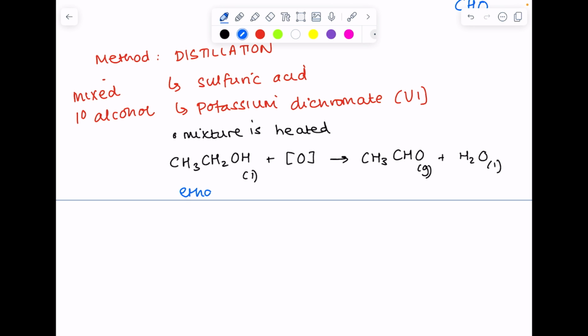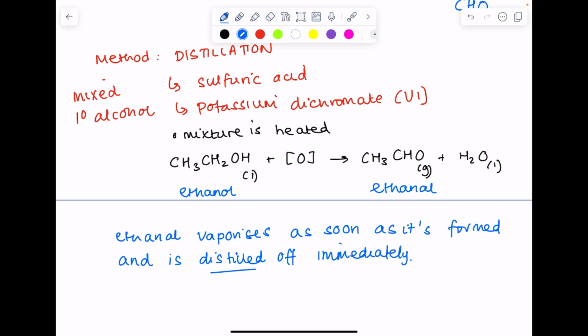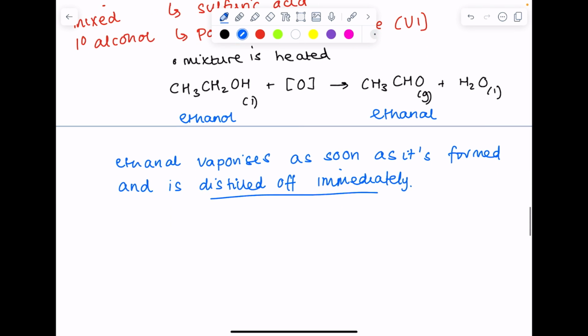So there's your ethanol. Here's your ethanal. Now the ethanal that forms vaporizes as soon as it's formed and is distilled off immediately. And why is that? Well, it's to prevent further oxidation to form the carboxylic acid, ethanoic acid.